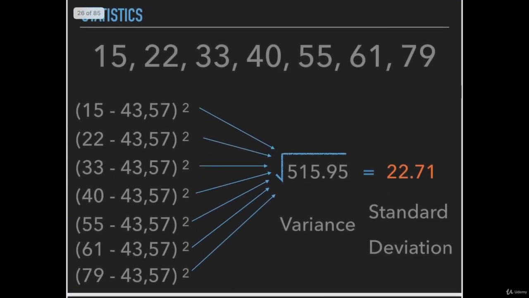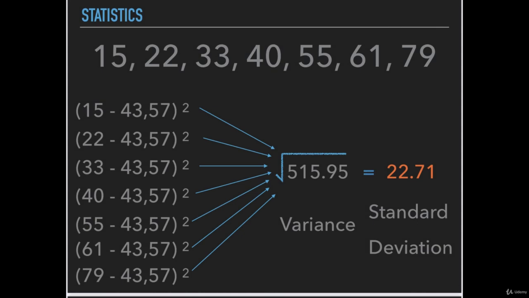So consider this scenario. We have the mean, right? It's 43.57. So maybe I want to know how many variants or how many different points I have in a given array. For example, over here it's very easy to understand the numbers are not very far away from each other and we have only 7 numbers.